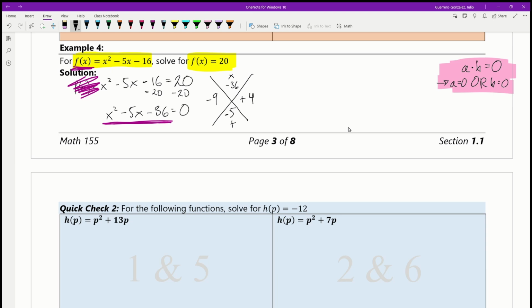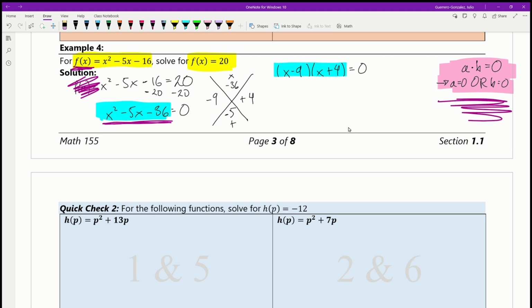Going from our example from before, we have this: x minus 9, x plus 4. Both of these things are exactly the same thing. If you want to FOIL it out, go ahead. But here's where we're going to use this.